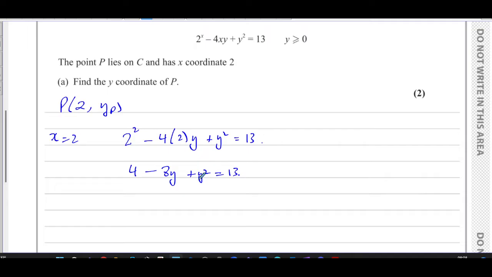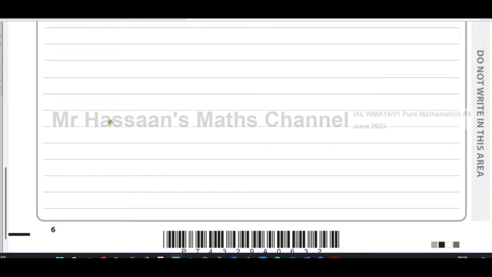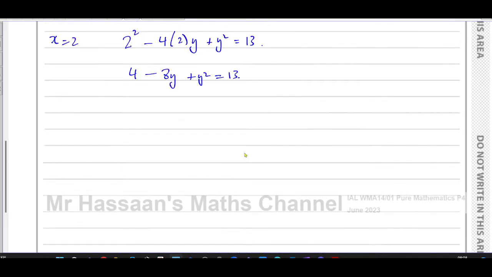If I rearrange this equation, I'm going to make y squared minus 8y, and I'm going to subtract 13 from both sides. 4 minus 13 is going to be minus 9, equals 0.